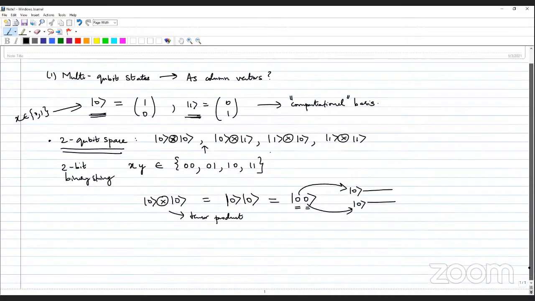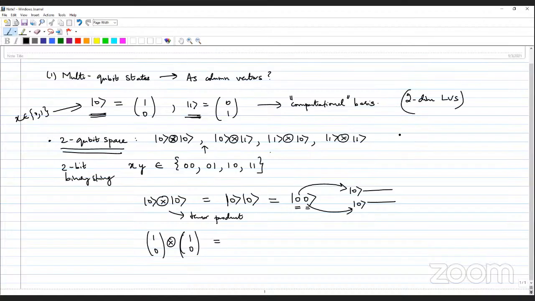And how do I now represent this as matrices? What does this tensor product actually do? Let me show you with just this example itself. I want to take the tensor product of 1, 0 tensor 1, 0. First of all, we have gone from a two-dimensional linear vector space to now a four-dimensional linear vector space, because there are four possible bit strings in the classical case.